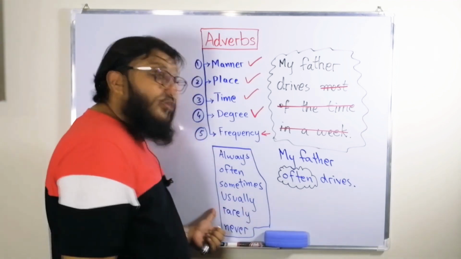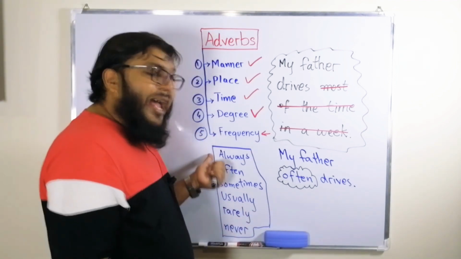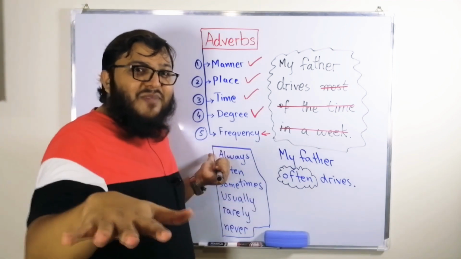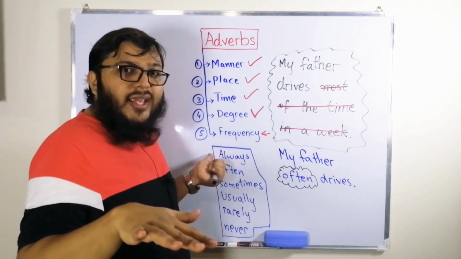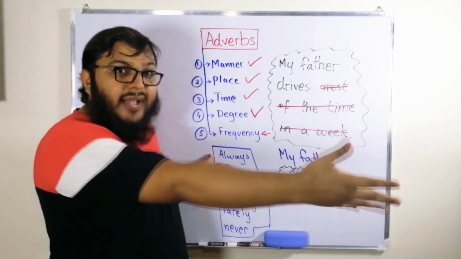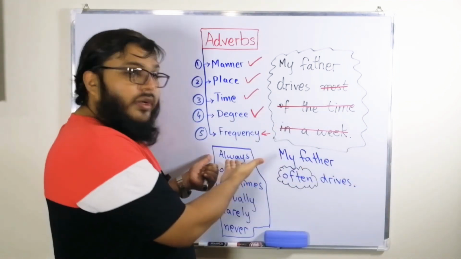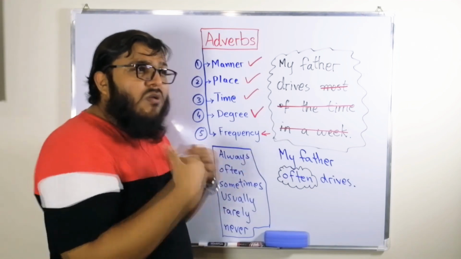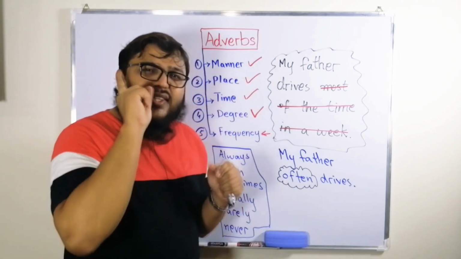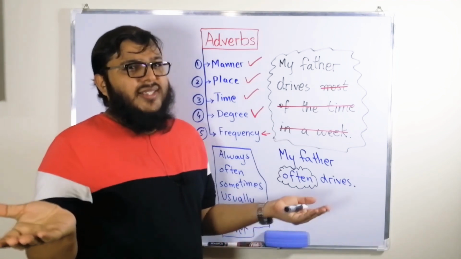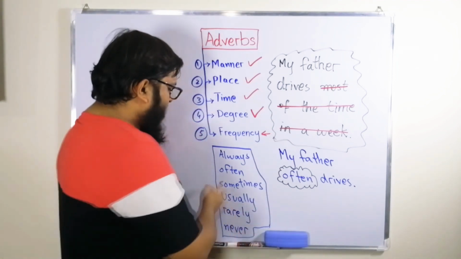If something happens 30 days of the month, like full 30 days, no single day is missed for that action, you use the word always. I always watch TV. That means in a month, not a single day I miss. So I say I always watch TV.